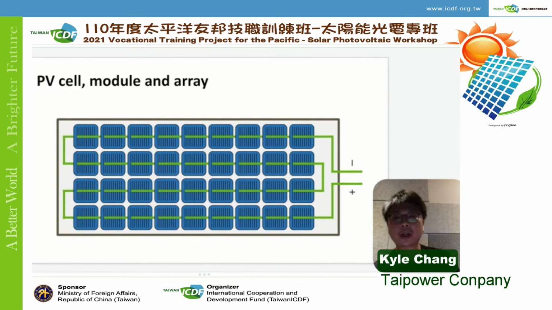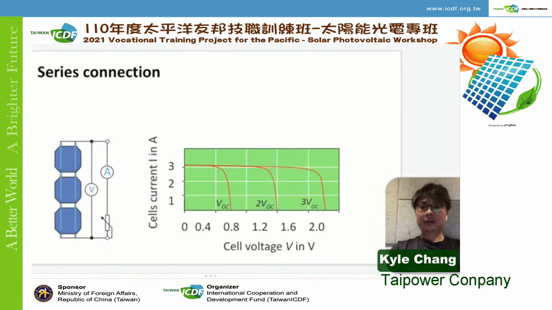Let's take a look at the series connection of cells. Here, the open circuit voltage of each cell is added up, whereas the current through the series of cells is constant, assuming a steady state condition.